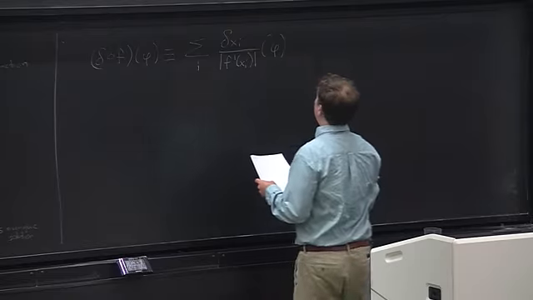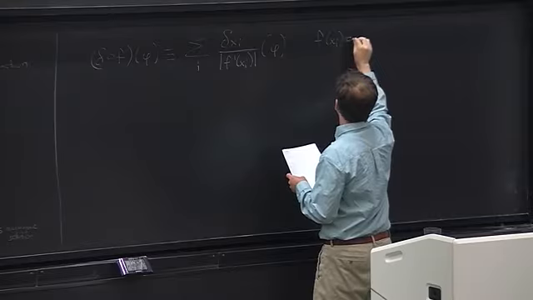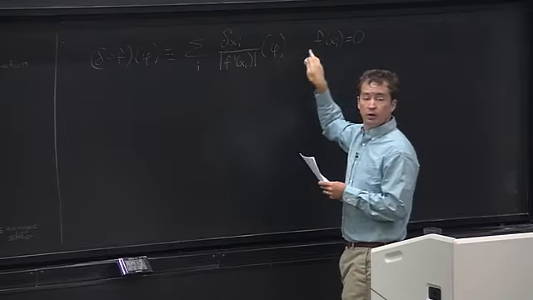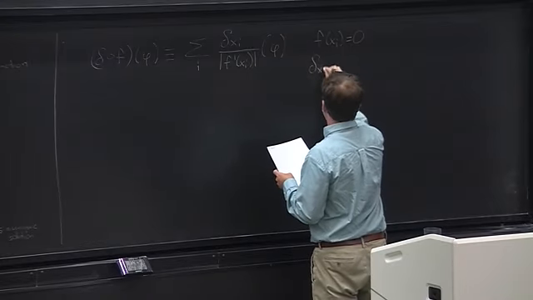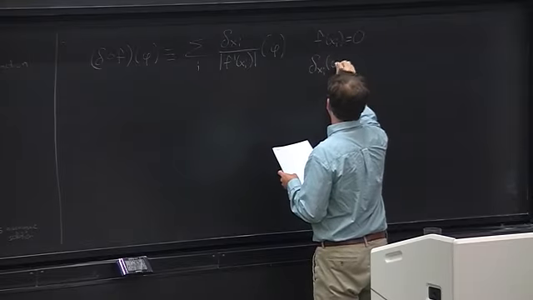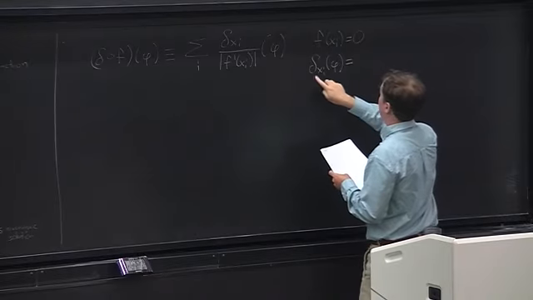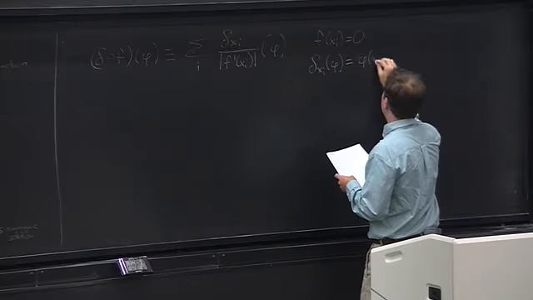Where here f of xi is 0. So xi are the roots of f. And delta xi is a shifted Dirac delta distribution, so that delta x sub xi acting on phi gives us phi of xi.